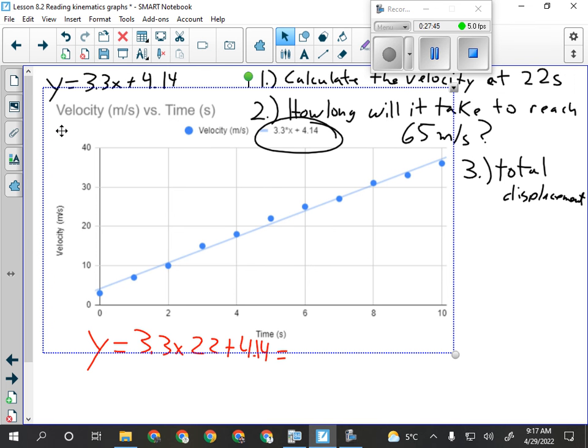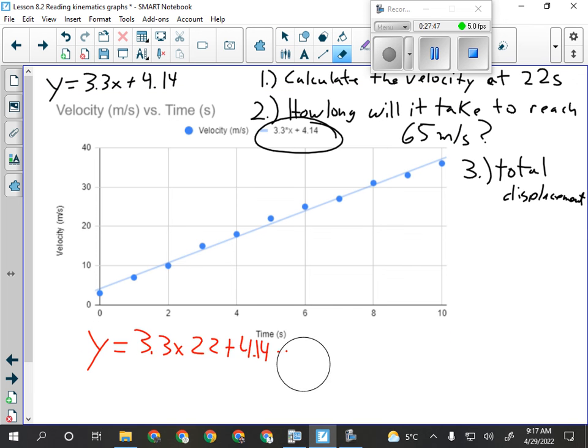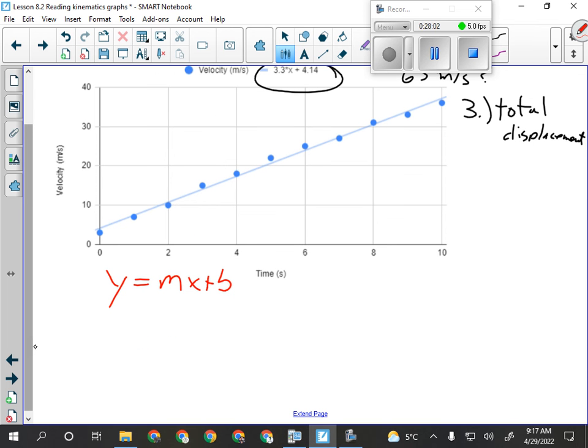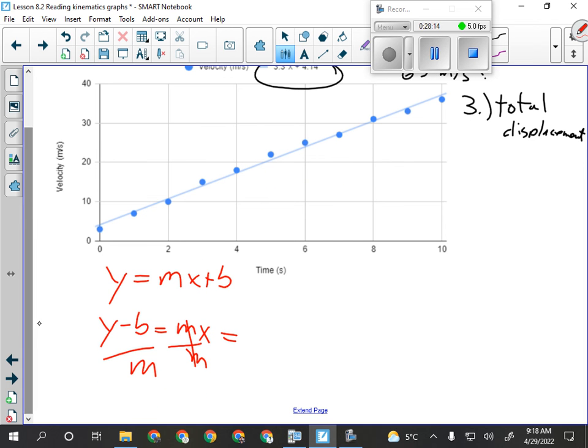Okay, then for number 2, they're asking how long something will take. Well, how long something will take is time. Which axis is time on? The x-axis. So I'm solving for an x value. That means I have to take y equals m times x plus b and solve for x. So I'm going to subtract b from both sides, and then I'm going to divide both sides by m. Right? They told me that the y is 65 meters per second.